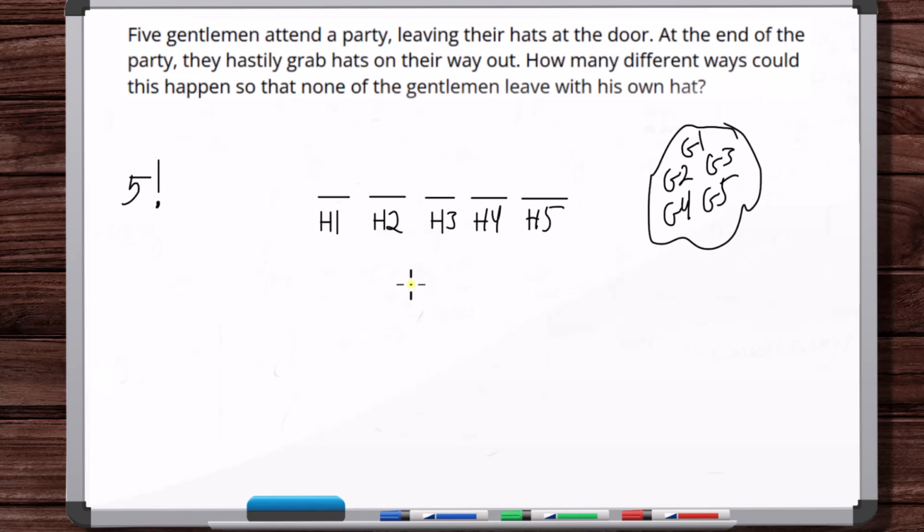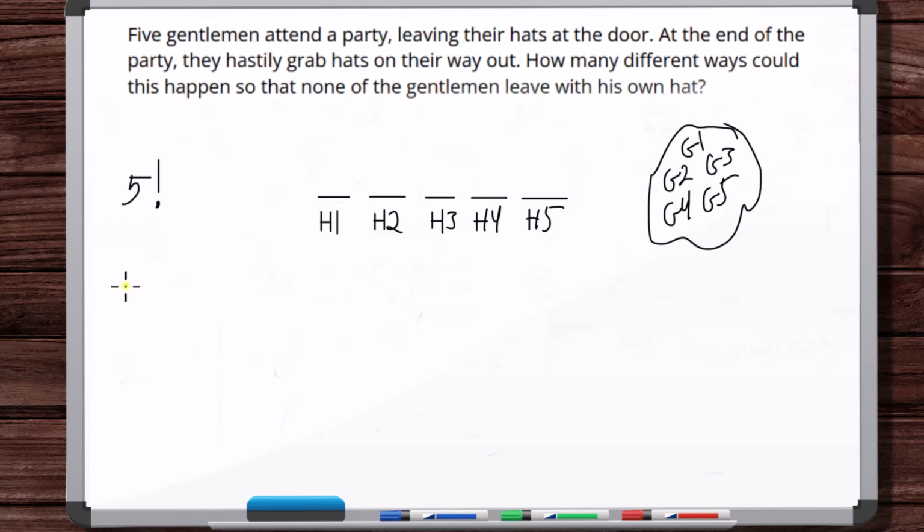One set could be any of the outcomes where gentleman 1 has his own hat, no matter what the outcomes are. It doesn't matter if other guys have their own hat as well. Another set could be where gentleman 2 has his own hat. Every element in that set, gentleman 2 has his own hat, but whatever else, it doesn't matter. So we could have these 5 sets.